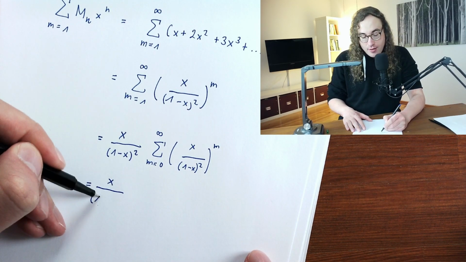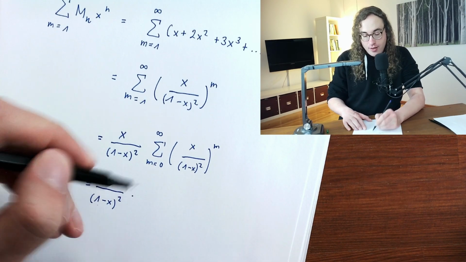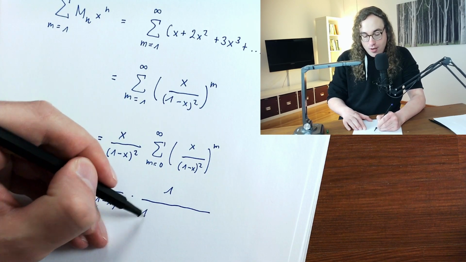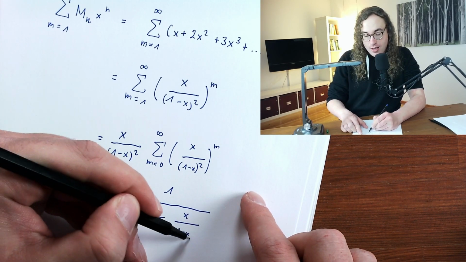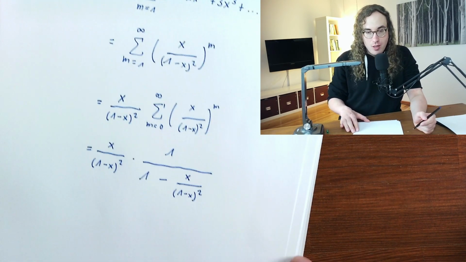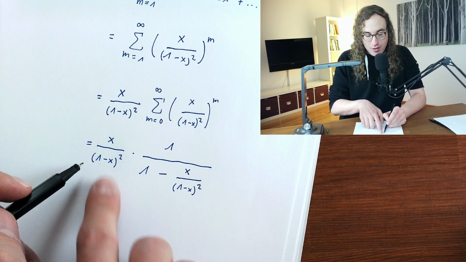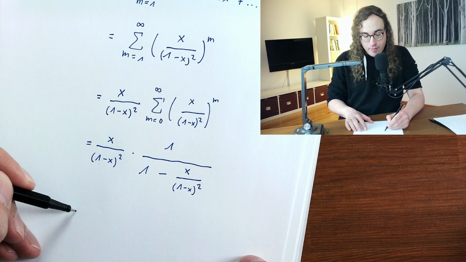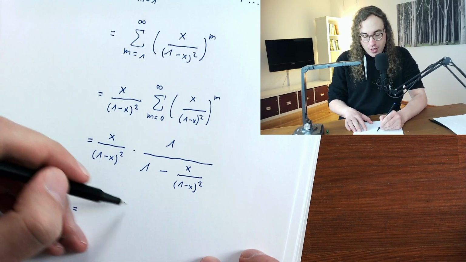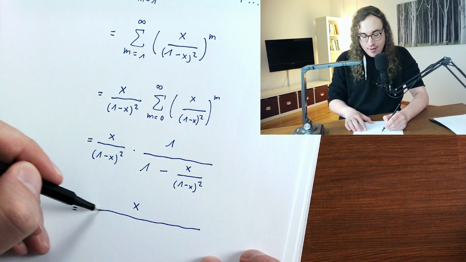So I get this. And then this is 1 divided by 1 minus, and now x divided by 1 minus x squared. Okay, this looks somewhat complicated, but let's simplify it. Multiplying this with this will actually just get rid of this denominator. So that's cool. So what do I get? On the numerator will be x.